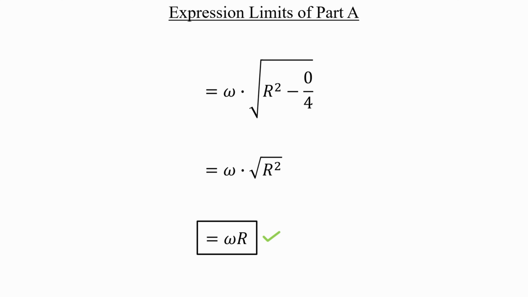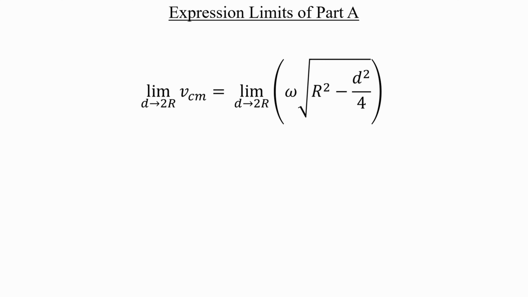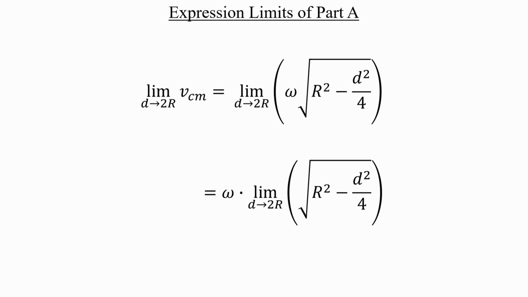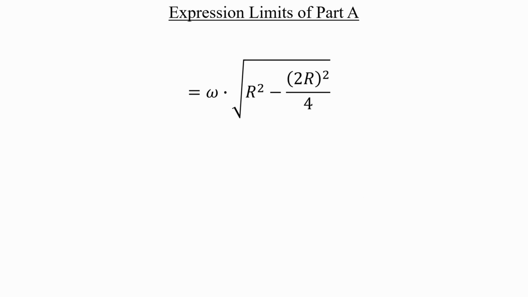In the second limit, we're increasing d to 2r, which is the same thing as the diameter of the ball. Like before, let's move omega to the outside. If we plug in the limit value and then square it, we can get rid of these 4's that are hanging out under the radical.